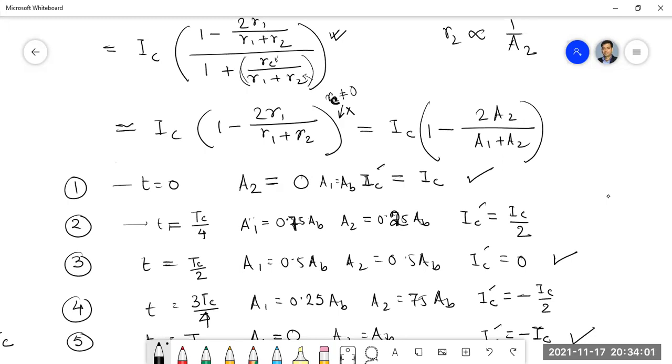Understood what I'm asking? The value we got at instant number 2 without considering RC, will I get less than that or more than that if I consider RC?